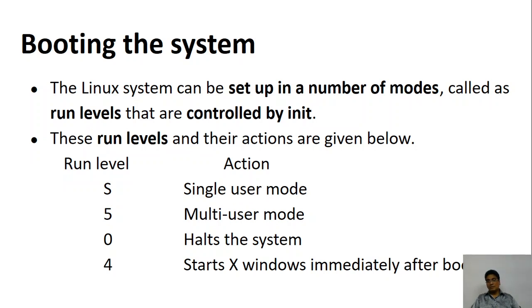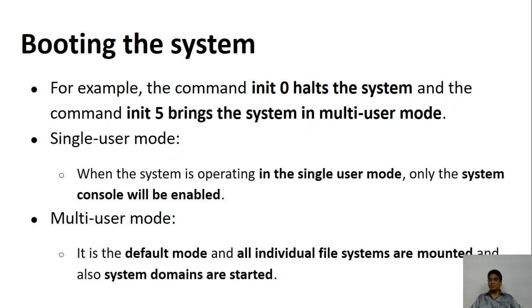If it is 4, it will start the X window, that is the GUI window for us. For example, if you just say init 5 here, that means you're going to start it in multi-user mode. Now what is single user? Single user mode means only the system console is enabled, others will not be allowed there.